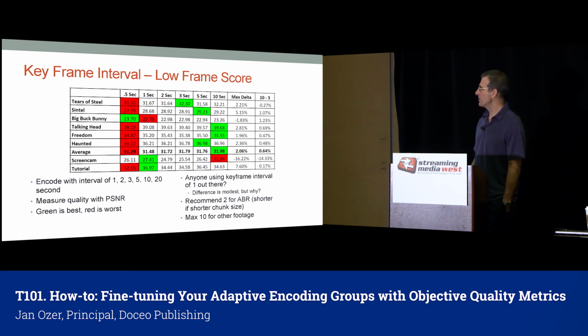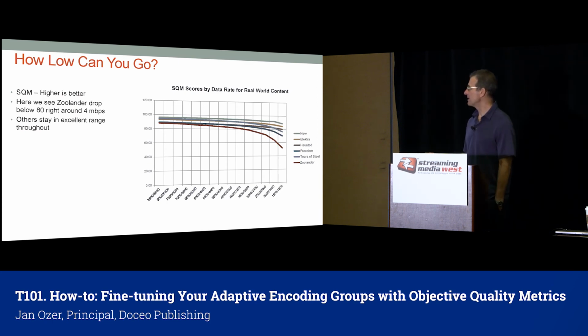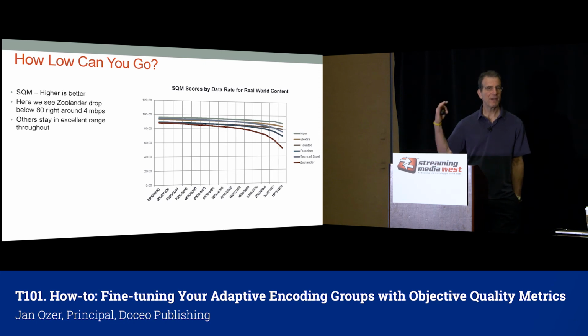And then in terms of how low you can go, how high should the video be in your encoding ladder? This is a chart I put together using SSIMWAVE SQM scores. So we've got a bunch of different video clips here. We know with SSIMWAVE that if you're between 80 and 100, your video quality should be judged as excellent by your viewer.